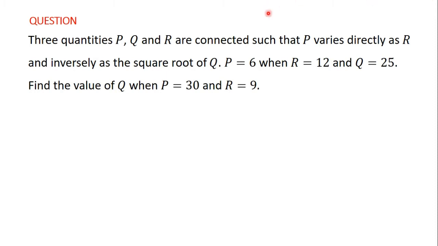So we have been given three quantities and these three quantities are in a joint variation.